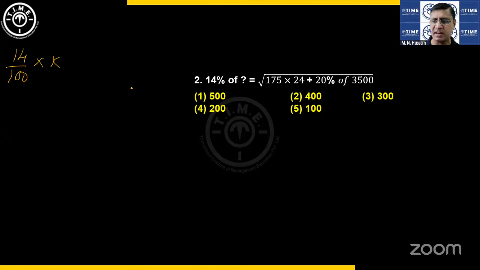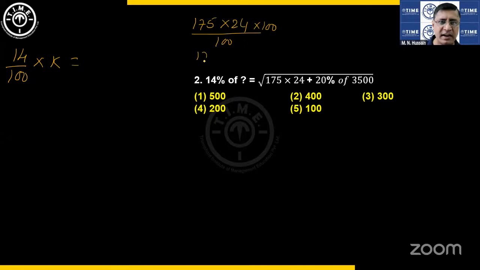I am assuming the question mark as K, equal to the square root of 175 into 24. What am I doing here? I am finding 175 into 24 first. In order to make the calculation easy, I am dividing by 100 and multiplying by 100.